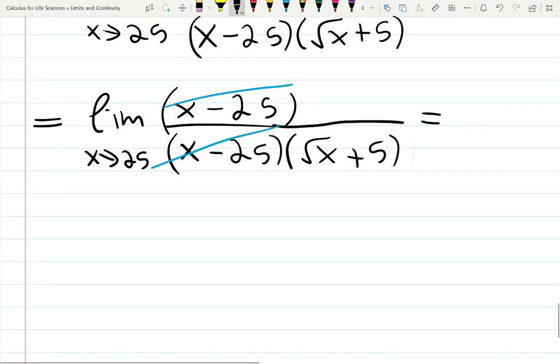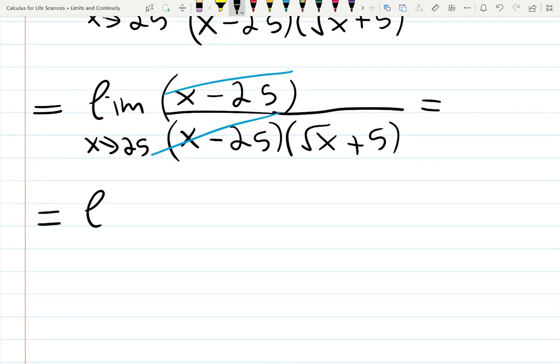And we are ending up with a completely new limit of, don't forget, 1 over the square root of x plus 5. Not 0 over, and not just the square root of x plus 5. The numerator cancels out, but it means it has 1 there. So be careful with this.